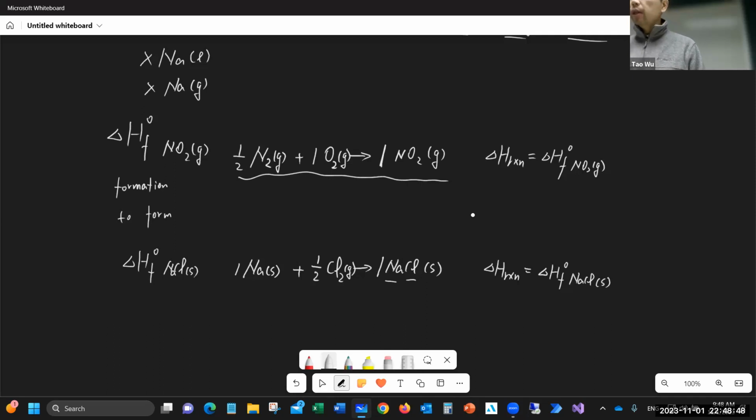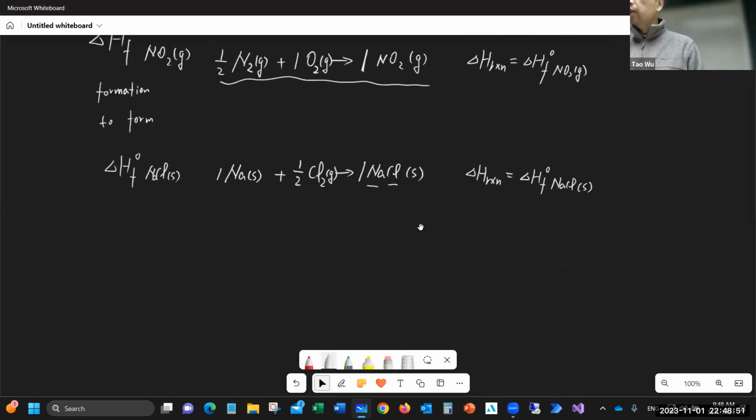Okay. Well, then we can talk about one more. What is the enthalpy of formation of the sugar C6H12O6 solid? This is cane sugar. Again, you're going to form 1 mole of this molecule, 1 mole of C6H12O6 solid.